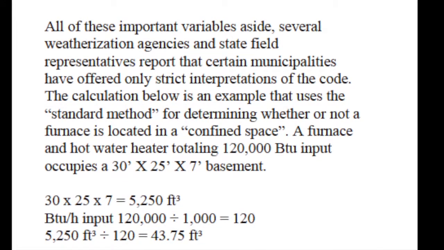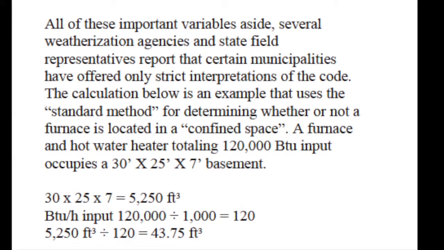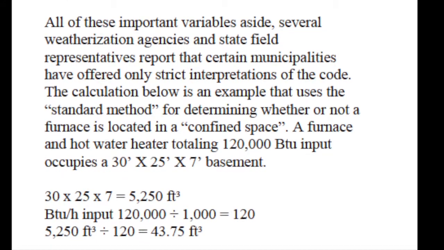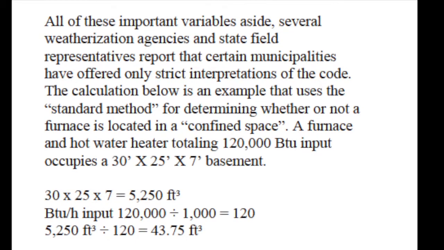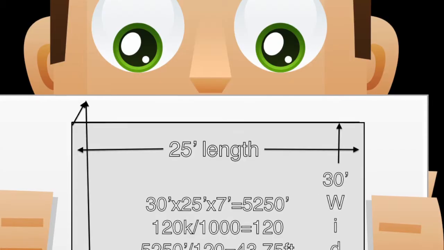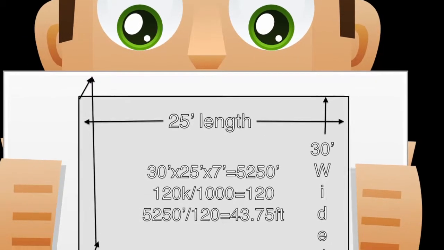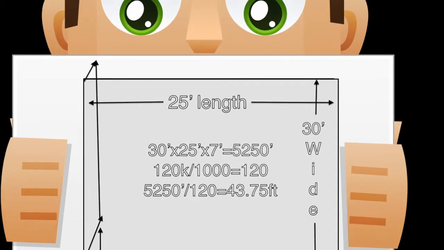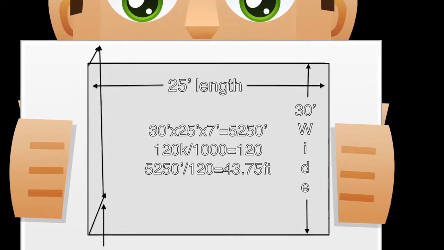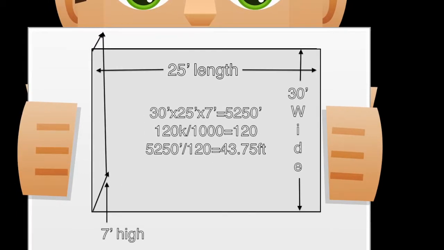Divide the total BTUs per hour input 120,000 by 1,000 and that equals 120. 5,250 square feet divided by 120 equals 43.75 total square or cubic feet. So we know that the room is undersized and needs more combustion air.